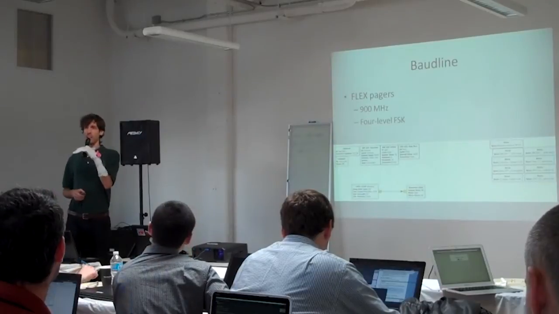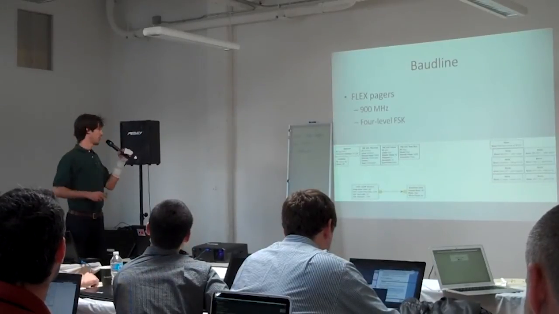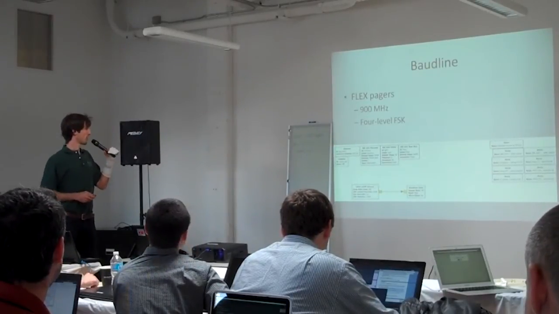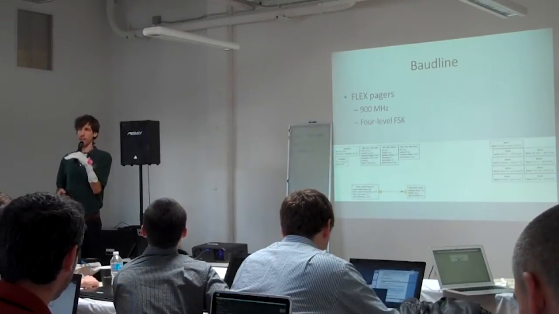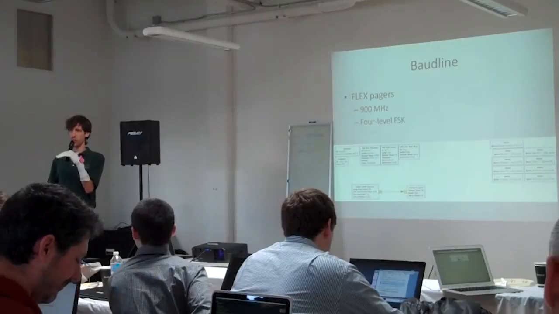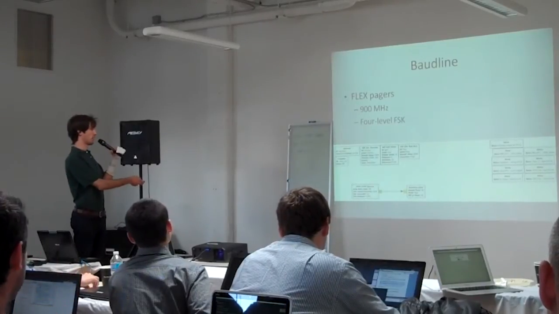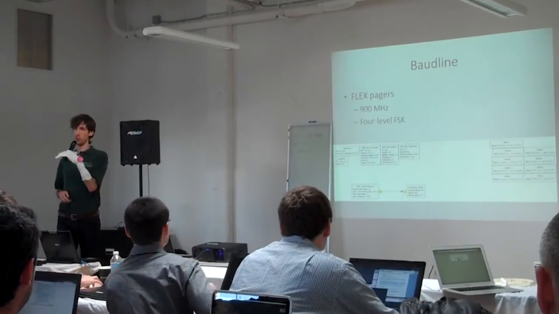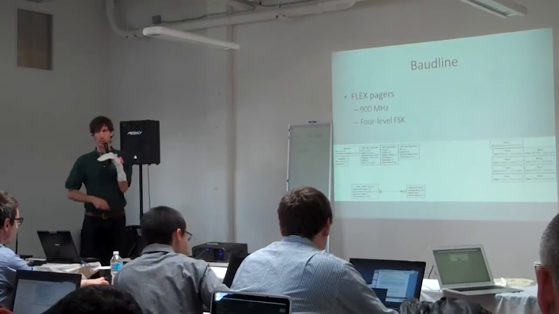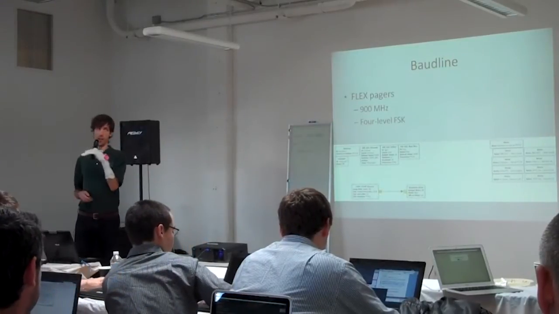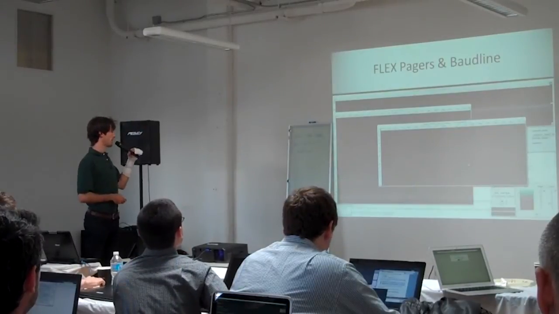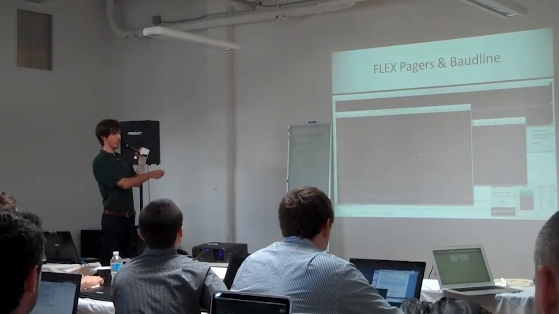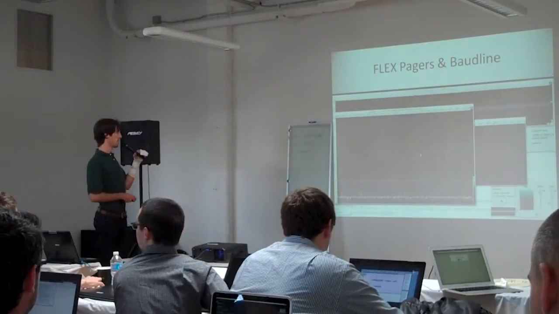It's nowhere near as pretty as Sylvain's really cool Phosphor code, but for those of you that know Baudline, it's an external package that also can do FFTs very quickly. And there's a little sink that you can throw into your GRC flow graph, and when you launch it, it'll actually open up Baudline and present the interface to you with the data streaming in. So if you can see here, I was just looking at FLEX pages in the 900 meg band.